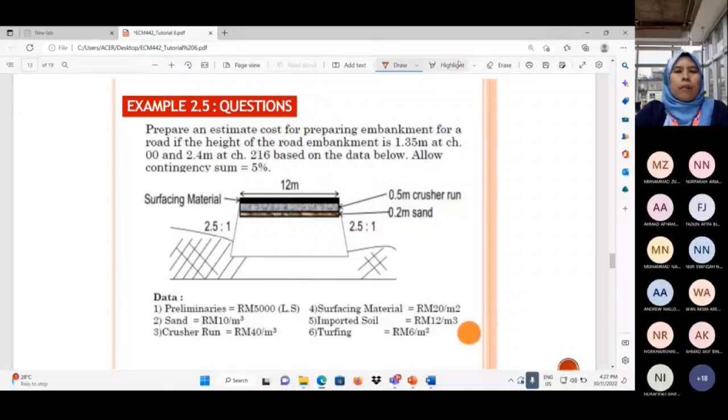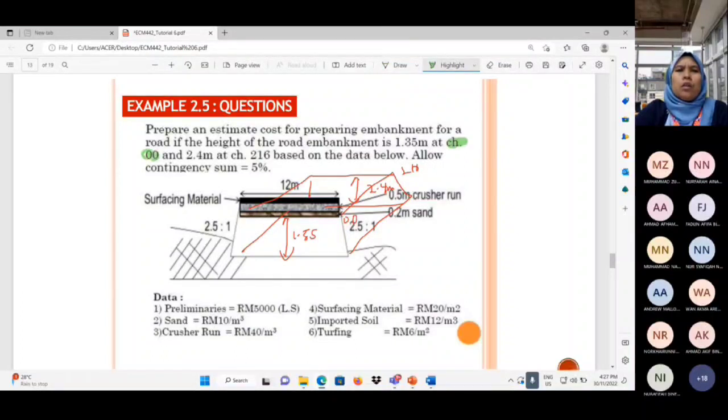Allow a contingency sum of 5%. So basically, this one is given different depths. The depth of your embankment at chainage 00 is 1.35, and at chainage 216 the depth is different, which is 2.4 meters. From the chainage, usually for roads they will use chainage.